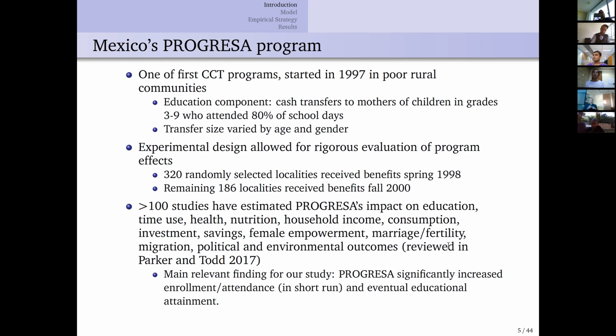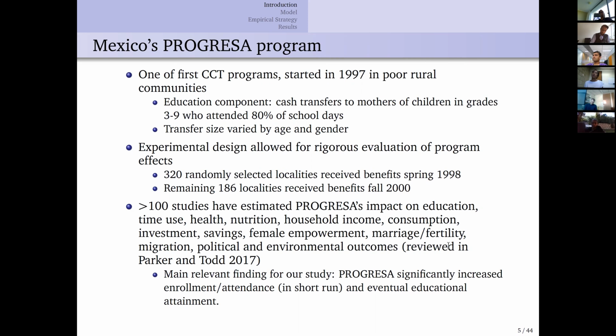So just a quick note about this short run versus long run. When I talk about short run effects, I'm talking about effects estimated by comparing the treatment and control groups, their attendance and enrollment during the time when the control group hadn't received the program yet.